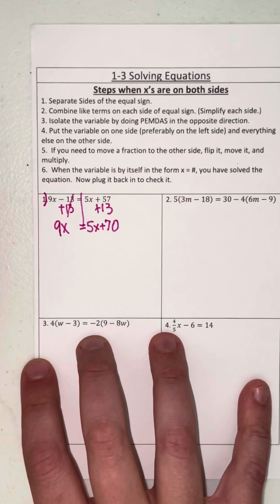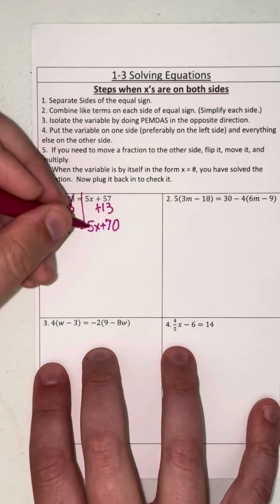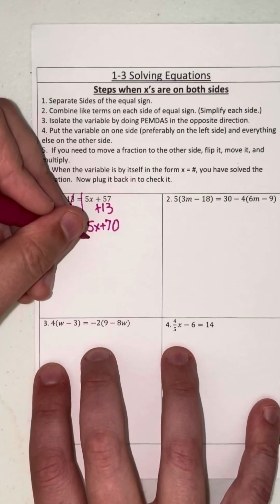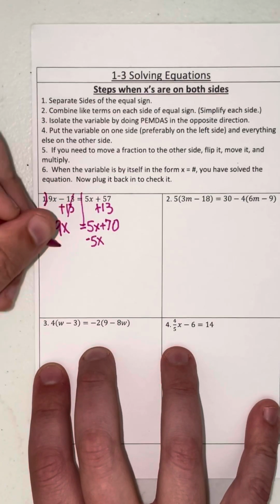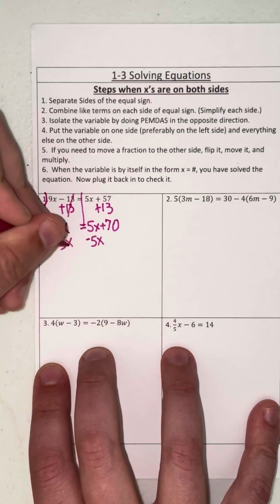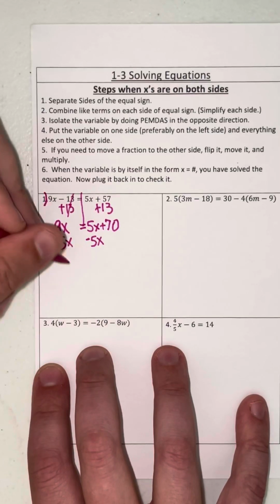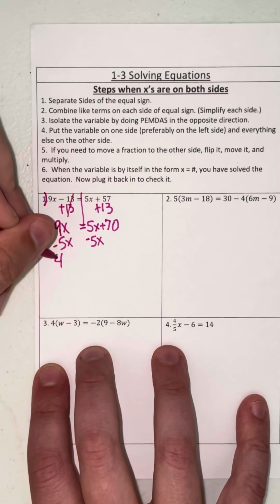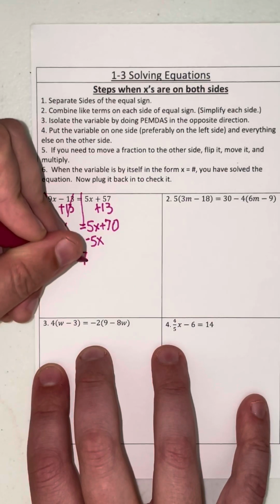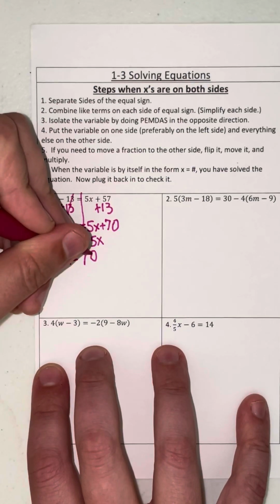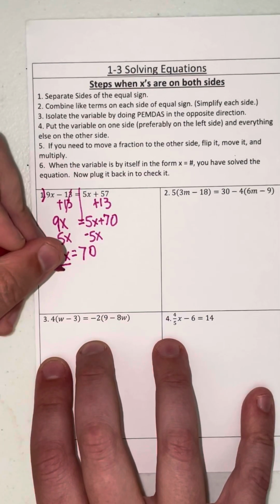Next, I need to get this 5x moved over to the other side. So moving it to the left, I'm going to subtract 5x from both sides, which is going to leave me with 4x equaling 70. And my last step, I will divide by 4.